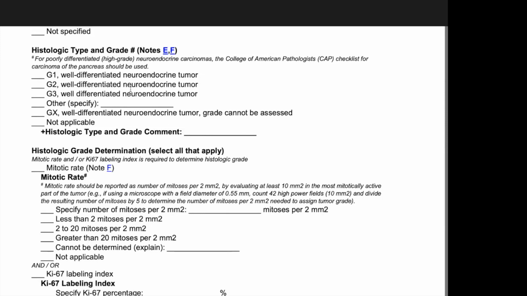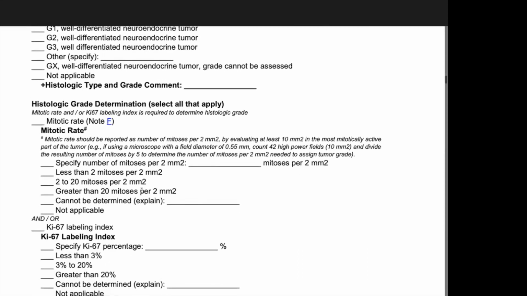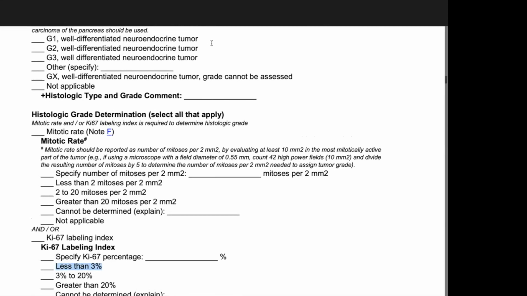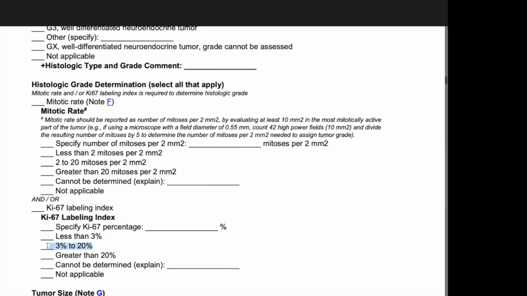If there's less than 2, it's a G1, or if we have a special immunohistochemistry, and it's less than 3%, then it's a G1. And if it's a G2, that means there's 2 to 20 mitoses in 2 millimeters squared, or it means that there's a 3 to 20% Ki-67 labeling index.